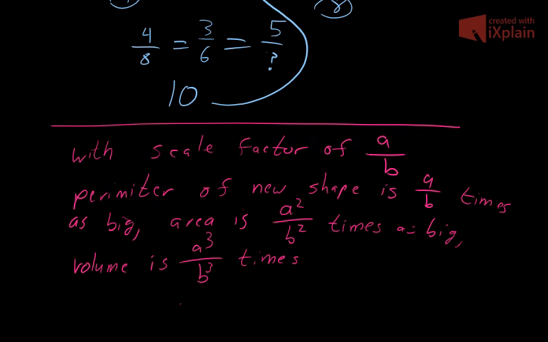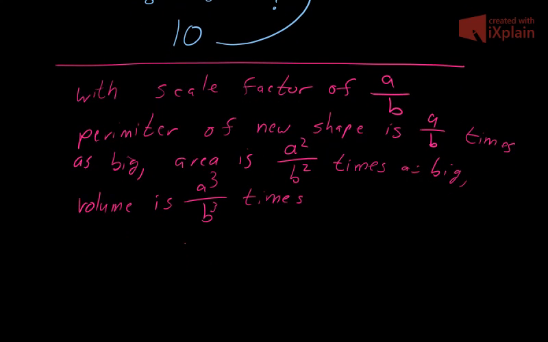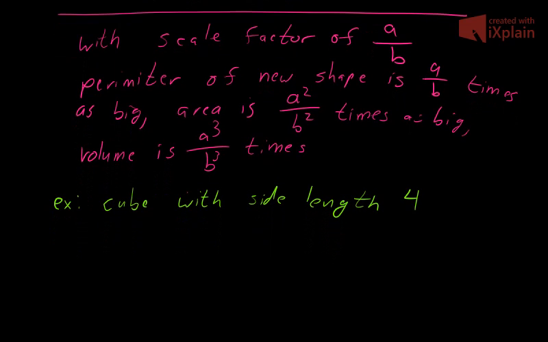So what that means is, let's say I have a cube. My example here is a cube with side length 4, and let's say I have another cube 3/2 as big.